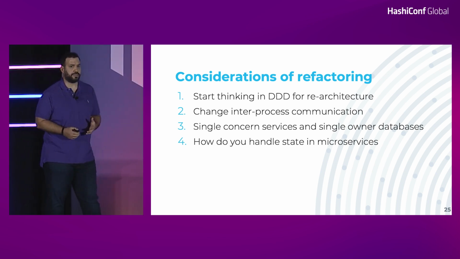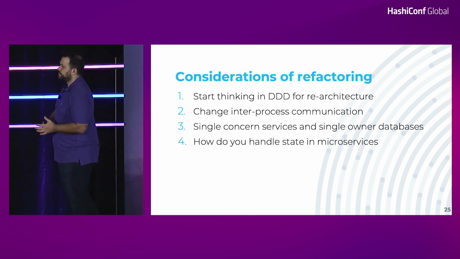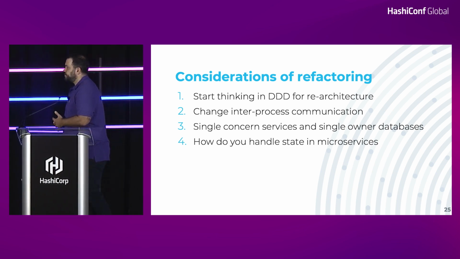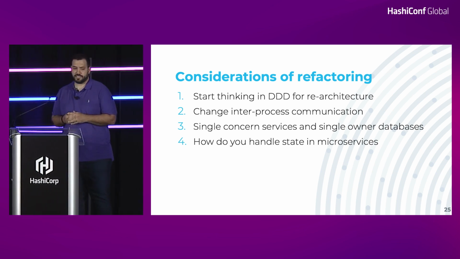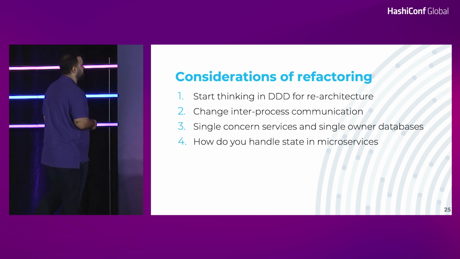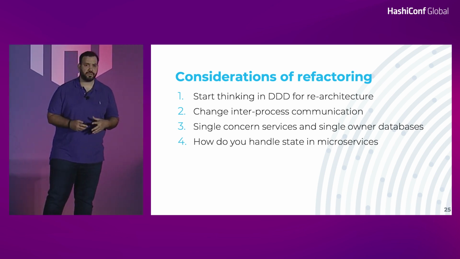We're going to have to think about that. Where do we need asynchronous? Where can it be pub/sub, where can it be HTTP, and so on. Single concern services, well-bounded services, and single owner databases. And then how do we handle state in microservices? Those are some concerns that we should be thinking about as we re-architect.